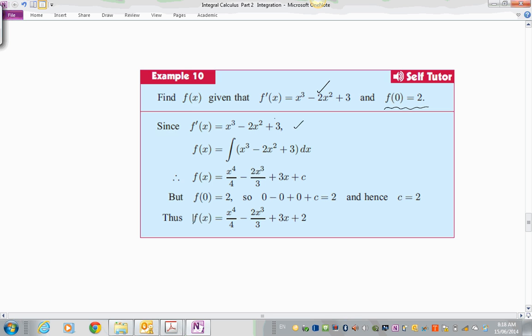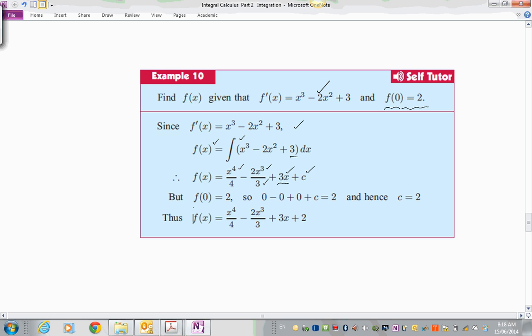Here's a derivative, so we'll get the function back by integrating it. We'll do each power, x cubed on 4, increase the power by 1 divided by the new power. 3 would be 3x. You can think of that as what would happen to that when you differentiate 3x. You just get the 3, so it's x plus c.